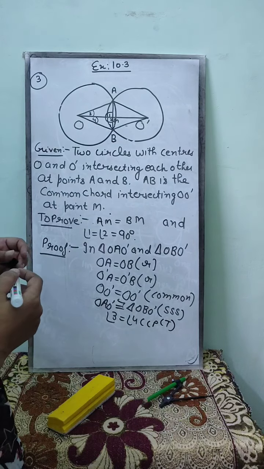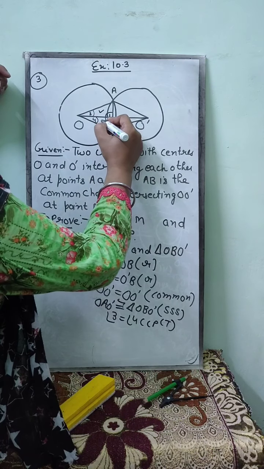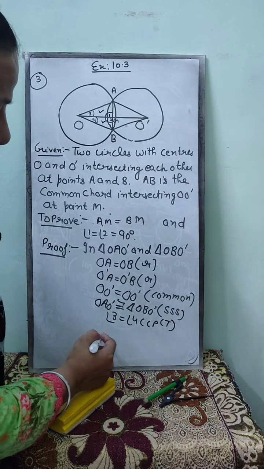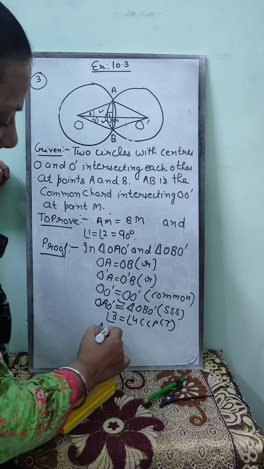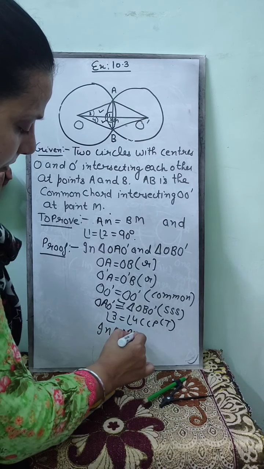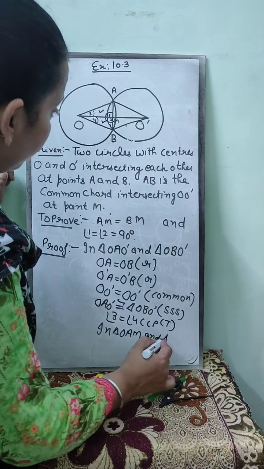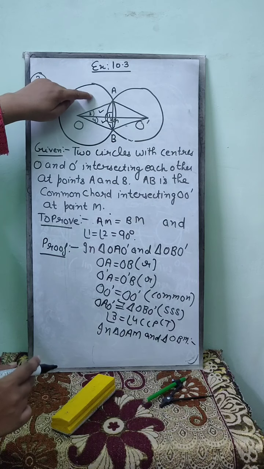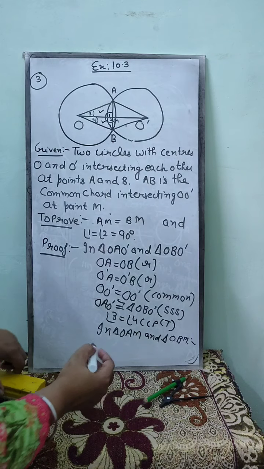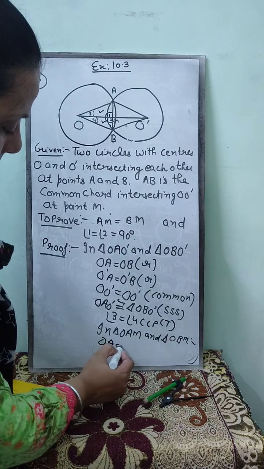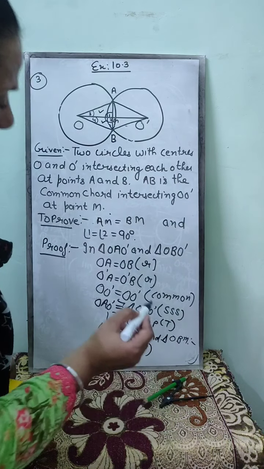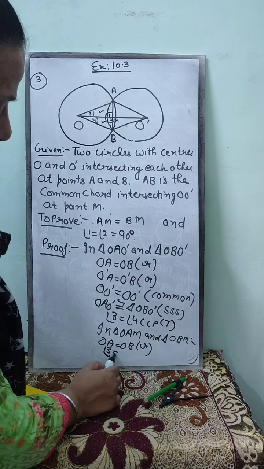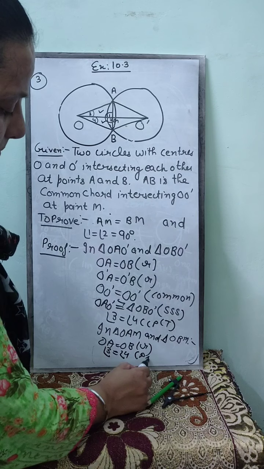Clear? Now consider these two triangles, OAM and OBM. In triangle OAM and triangle OBM, firstly, OA is equal to OB, radius. Angle 3 is equal to angle 4, this is proved above.